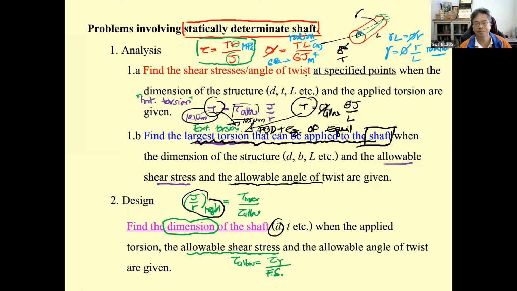From this equation, you are looking for the J. So J equals TL over G times phi allowable. They are going to give you the allowable angle of twist.